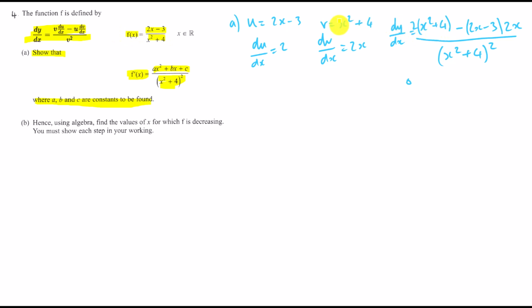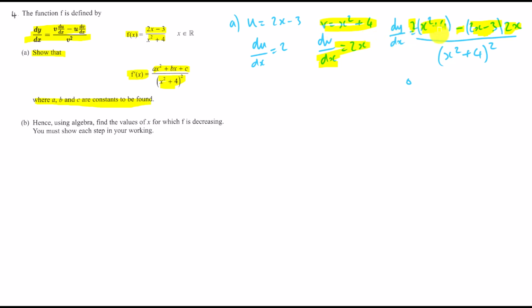So remember, it's v first, then multiplied by u. Don't forget the minus sign, and that's your u times your dv dx here. Okay, all over v squared. So substitute correctly, that's 3 out of 3 marks.